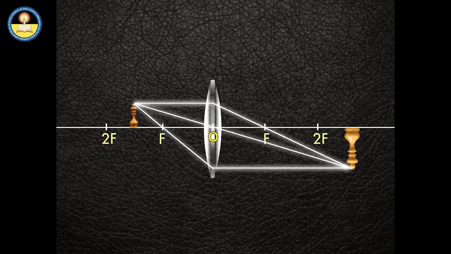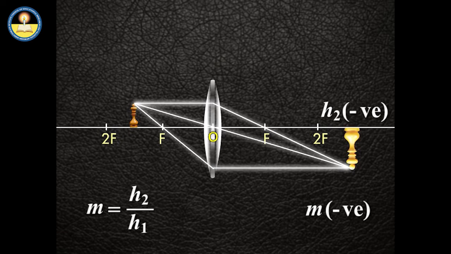Size of the image, that is, h2, is negative for a real image as it is an inverted image, and thereby the linear magnification for a real image is negative.